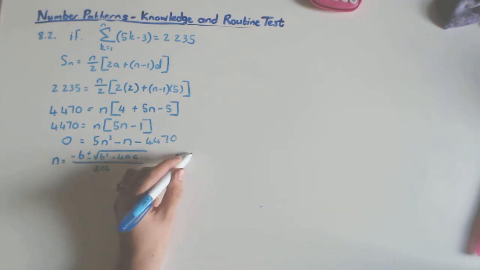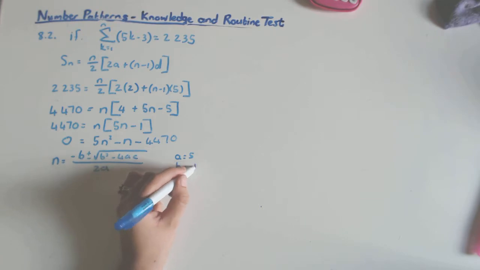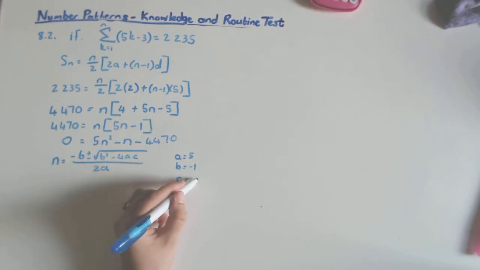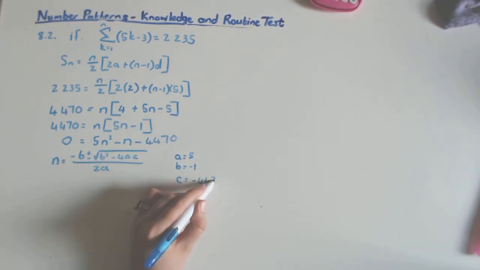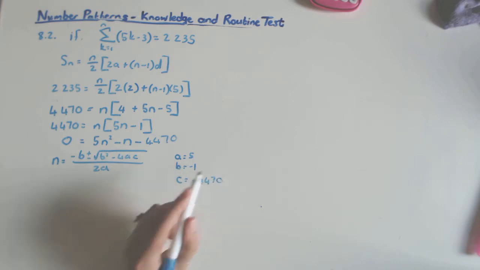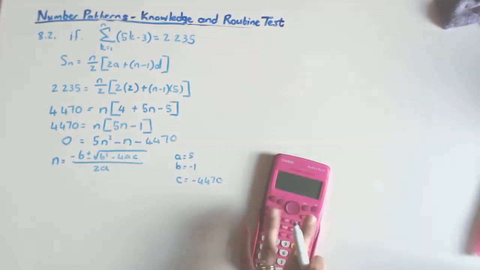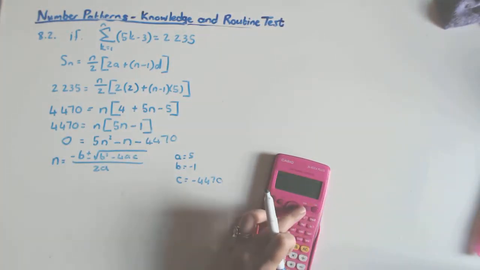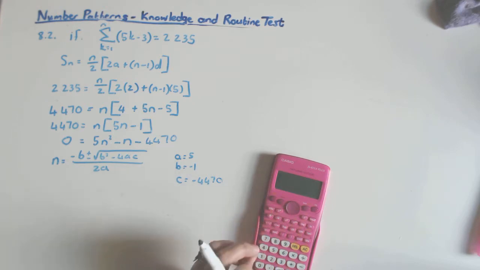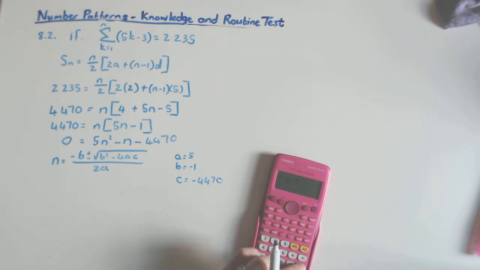Where a is 5, b is minus 1, and c is minus 4470. Okay, so I'm just going to put that in my calculator quickly. Minus minus 1. I'm just going to put plus first. B is minus 1 squared.